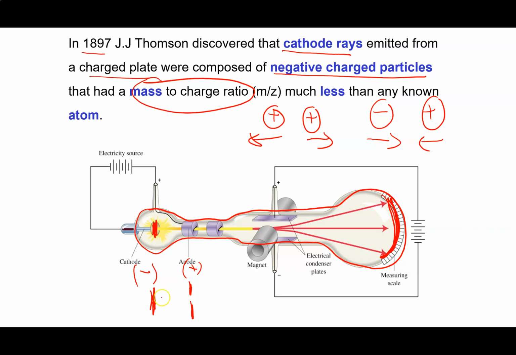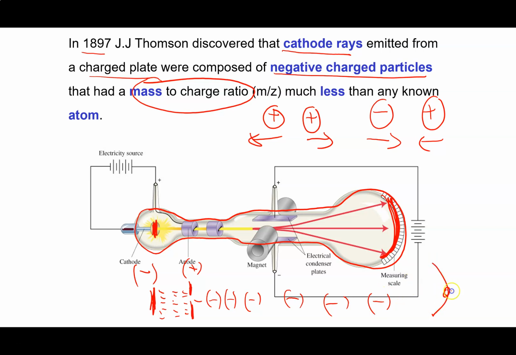The reason it has a hole is because negative particles were leaving the cathode in a broad pattern, but once they pass through that plate with a slit in it, you get a beam.